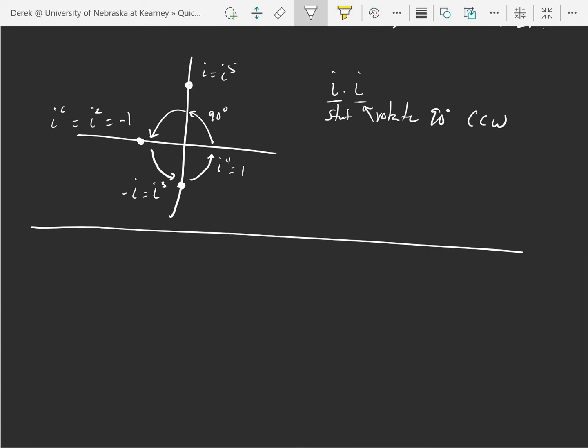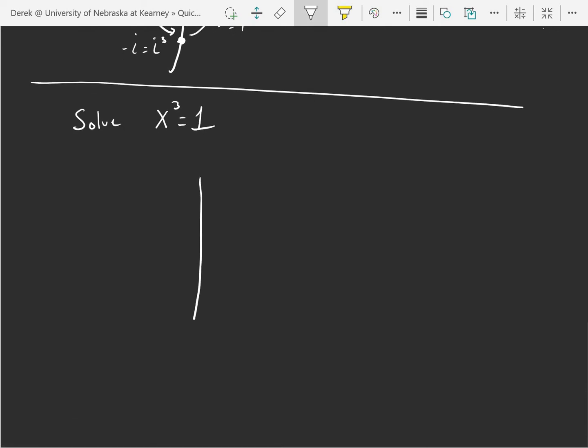This also lets us look at other roots of unity. So suppose we wanted to solve, say, x cubed is equal to 1. Well, this has a real root for sure. I can plug 1 in there and get back to 1, but it also has two complex roots. It's a degree 3 polynomial, so it should have 3 roots. How do you find them? Well, I want some value where if I rotate through that angle 3 times, I get to 1. So let's look at the circle.